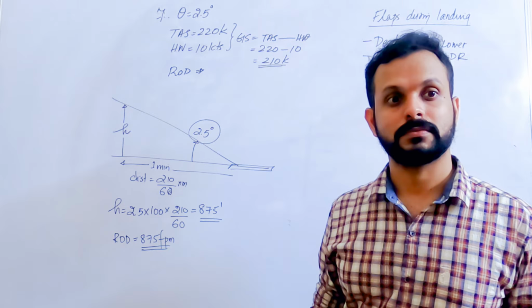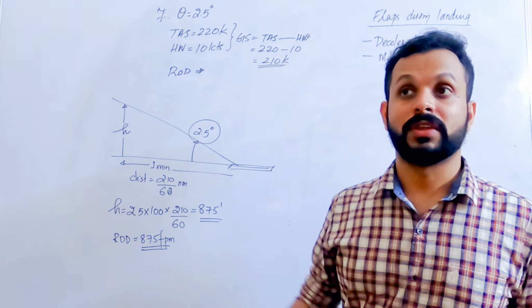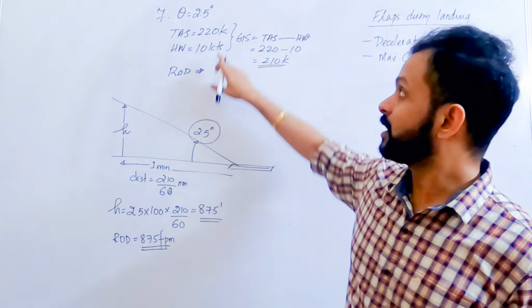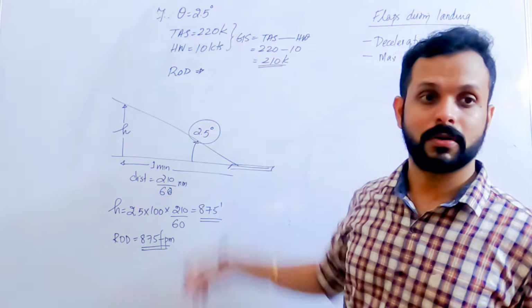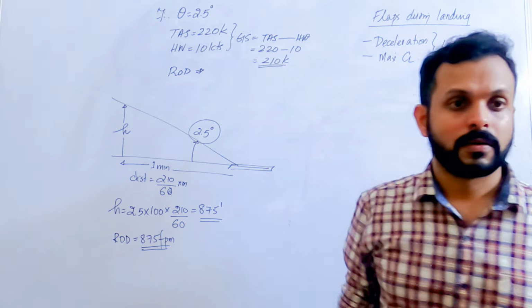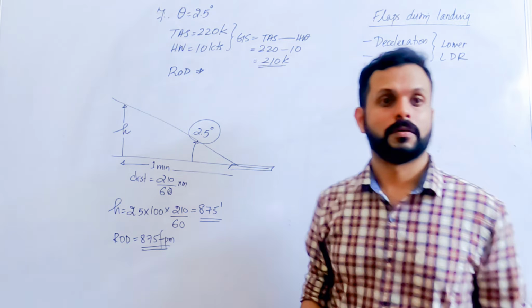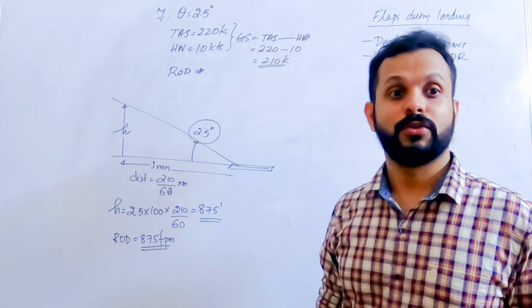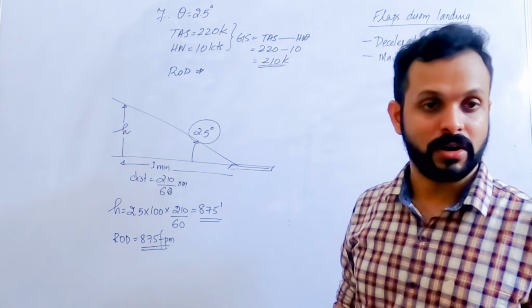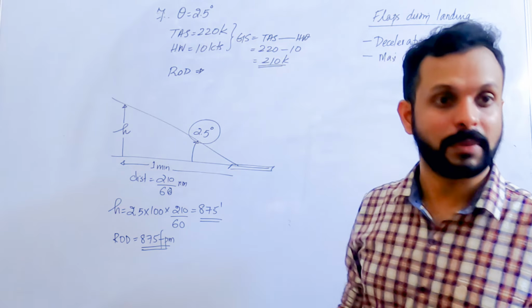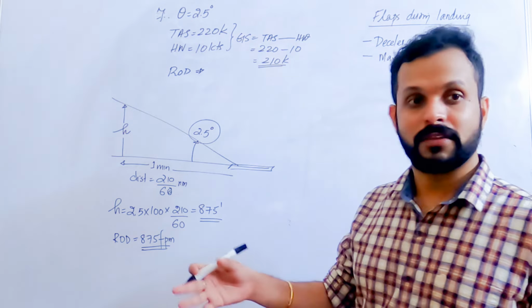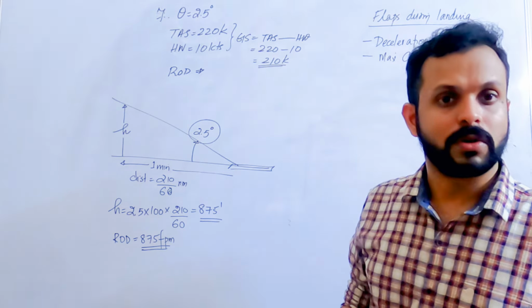No, I'll be taking a lower one. So if the flaps are working, what is the advantage? You can bring your ground speed down. Okay. No. So I'll have to increase. Yeah, we take flaps in order to increase my ROD only. When you have flaps working, you will be able to come down at a lower speed. And what happens to your rate of descent when your speed is lower?